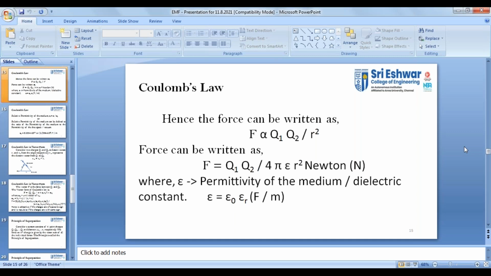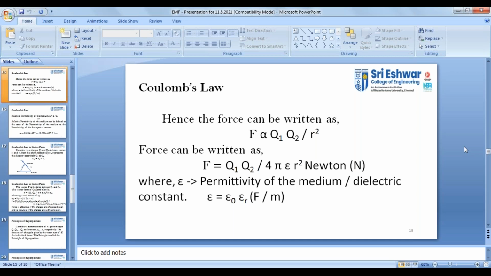Epsilon, the permittivity of the medium or dielectric constant, is epsilon naught into epsilon r farad per meter, and epsilon naught's value we know already: 8.854 into 10 to the power minus 12 farad per meter. Epsilon r is the relative permittivity of the medium, whose value is 1 for vacuum or air.